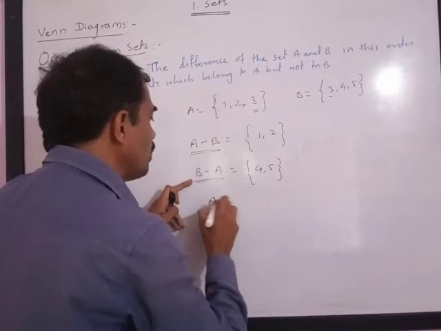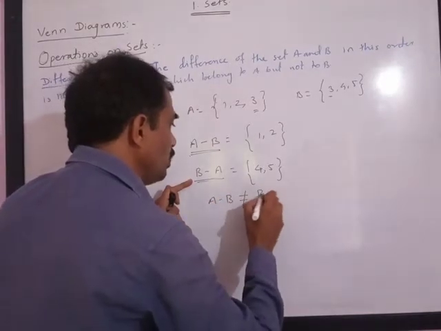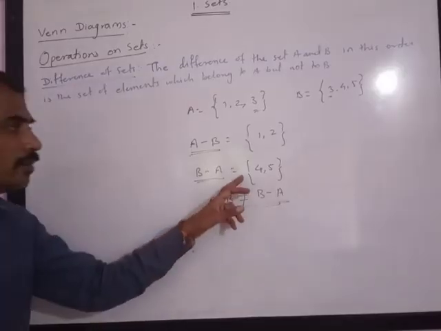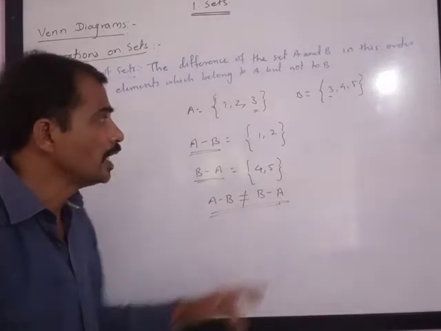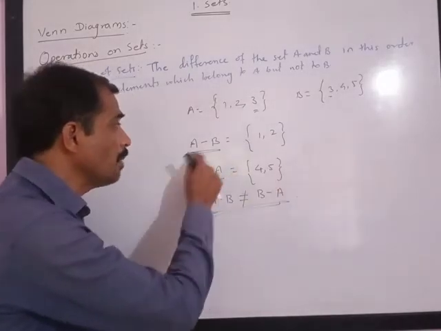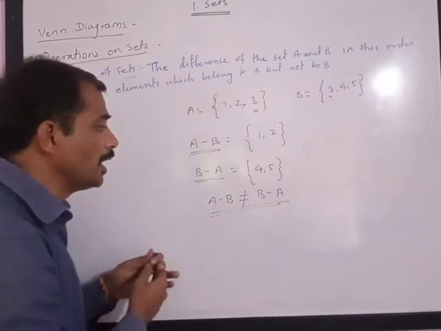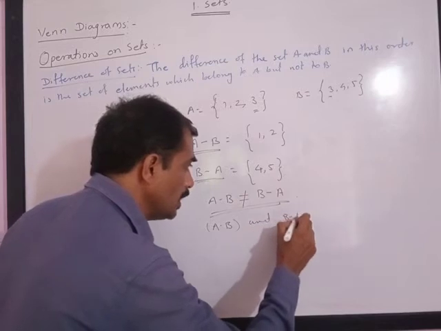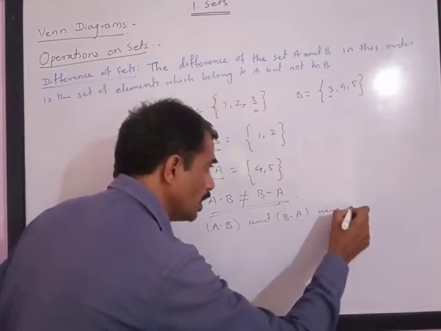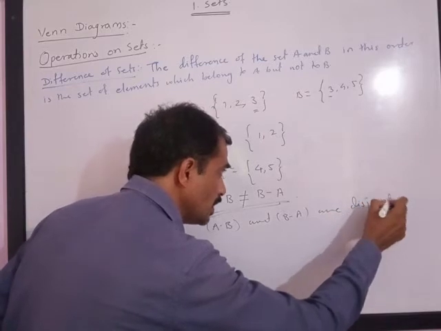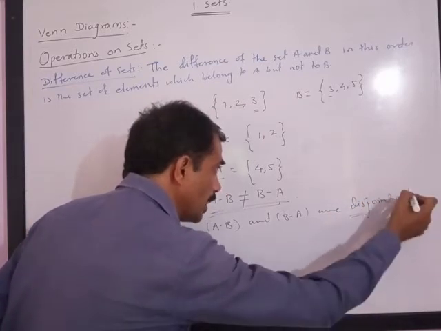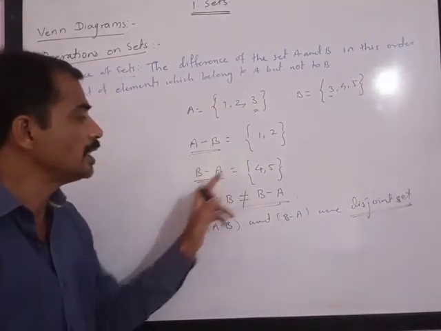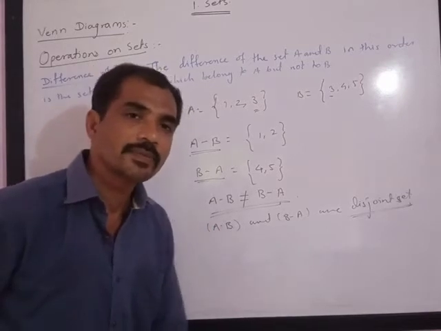Please note here A minus B is not equal to B minus A. A minus B and B minus A don't have any common element, so these sets are disjoint sets. Disjoint sets means the sets having no common element.